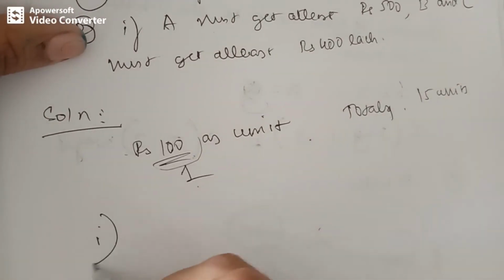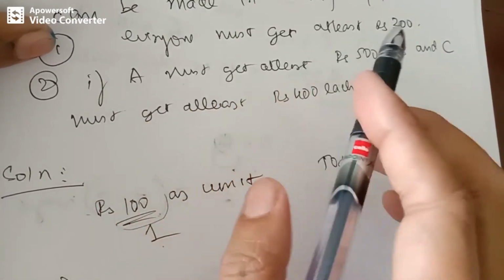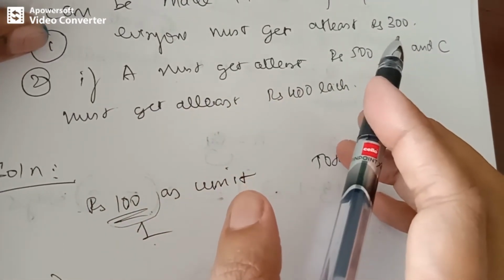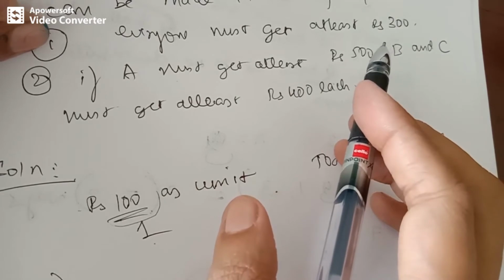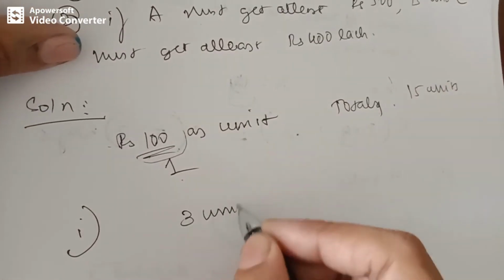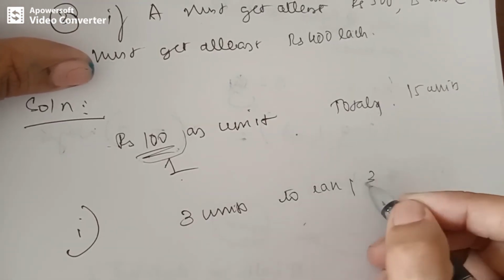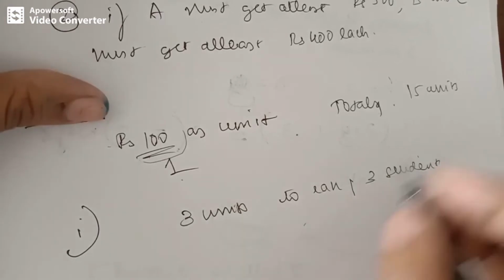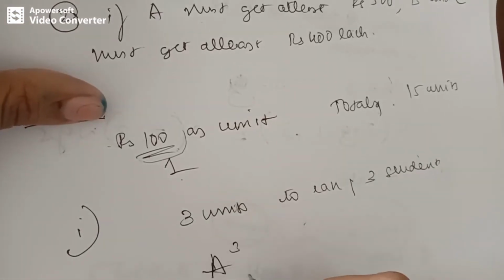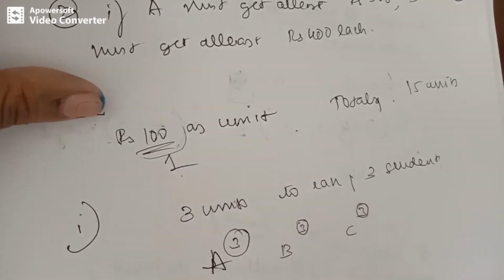So in the first problem, what they have asked you to find out is everyone must get at least rupees 300. So that means everyone must get at least 3 units. So let's distribute 3 units to each of the 3 students. A has got 3 units, B has got 3 units, C has got 3 units.